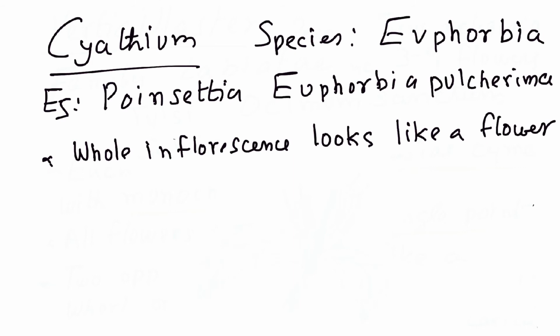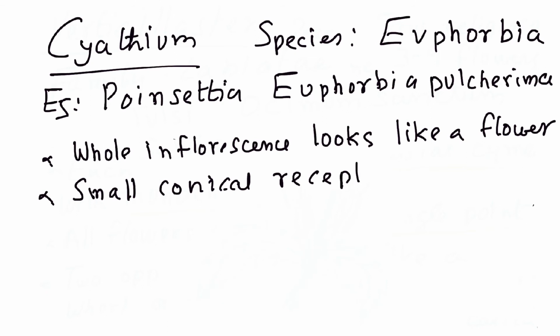So repeating, the whole inflorescence looks like a flower. The receptacle is a small conical receptacle, and this conical receptacle is surrounded by an envelope of around 5 green or colored bracts.